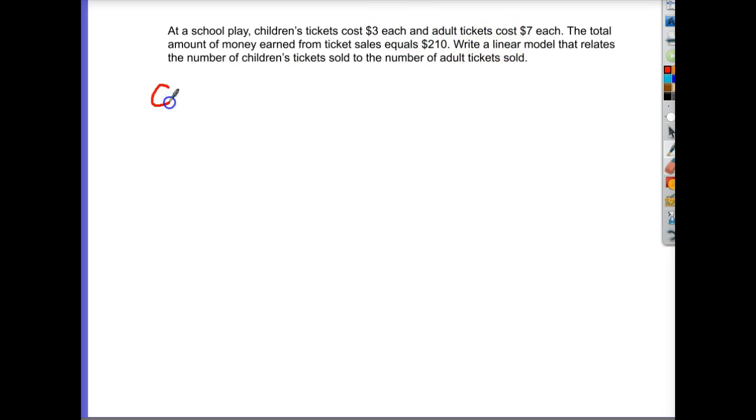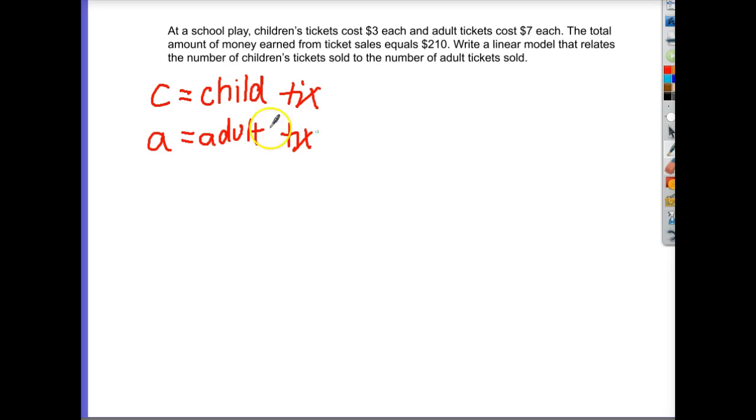We don't know how many children's tickets we sold. So, let's make C children's tickets, and let's make A adult tickets. Okay, so those are our variables. Those are what's going to be changing.